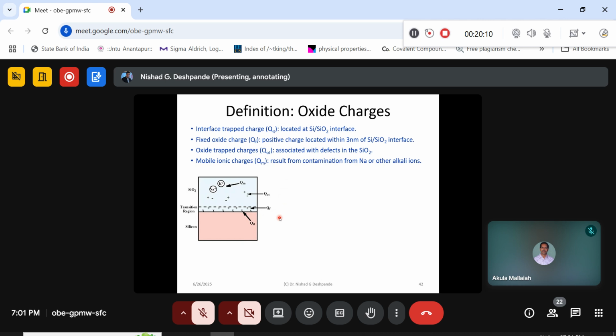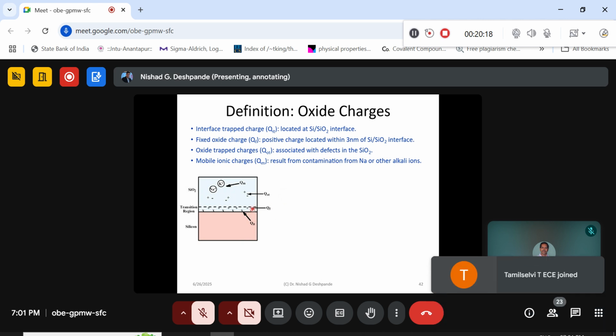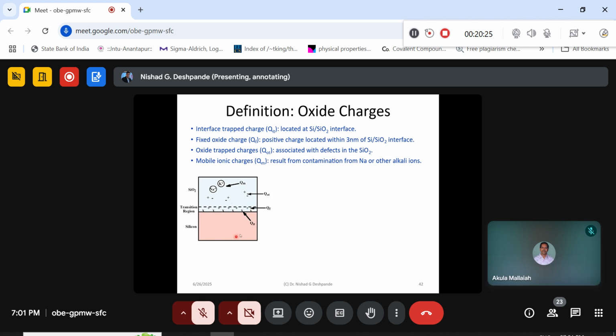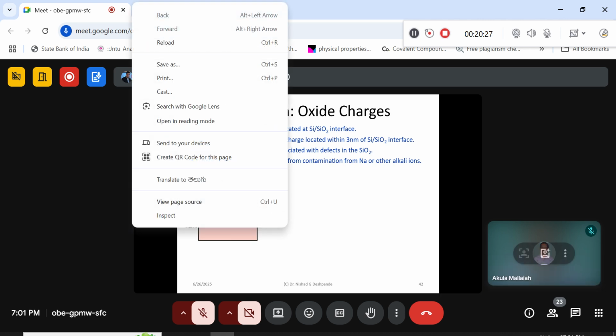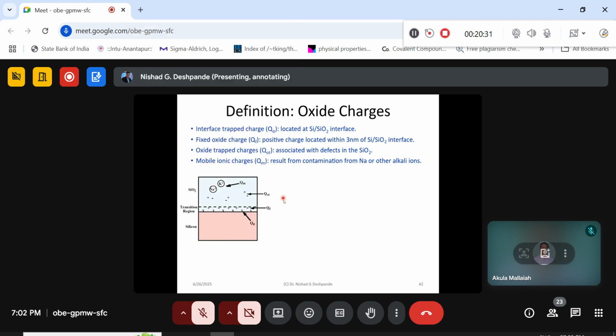It is not allowed beyond say 3 nanometers or say 30 angstroms along the silicon dioxide interface. Okay, so usually you will find this. Whenever you have this oxidation layer performed on the silicon, most of the times at the interface you will get such kind of fixed oxide charges. Okay, so one has to look into this particular part.